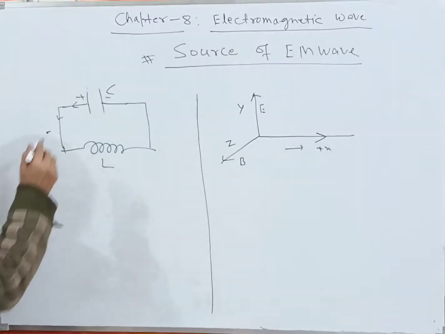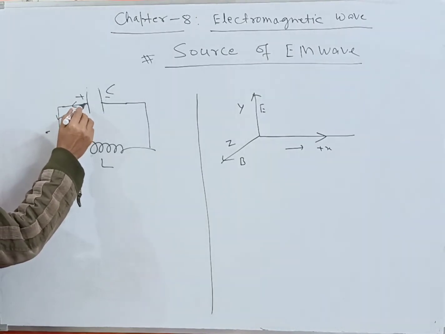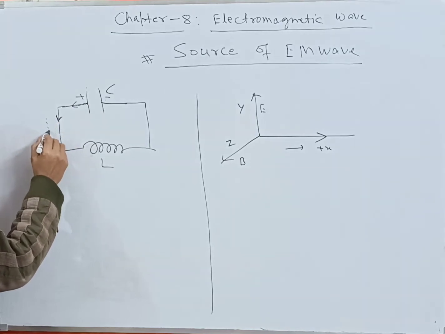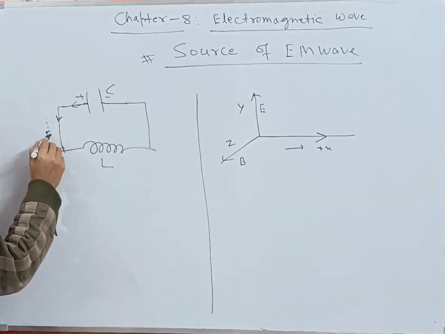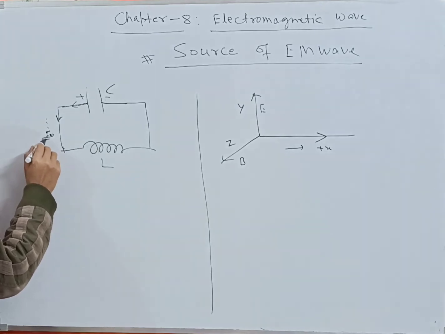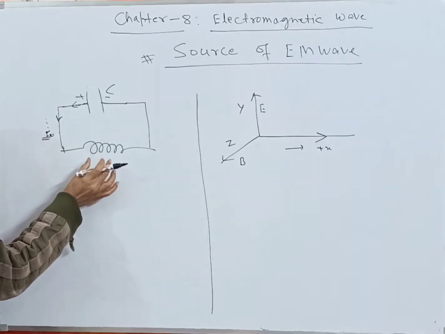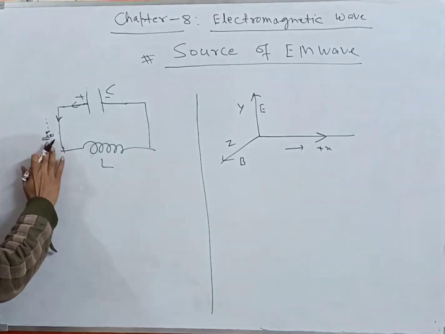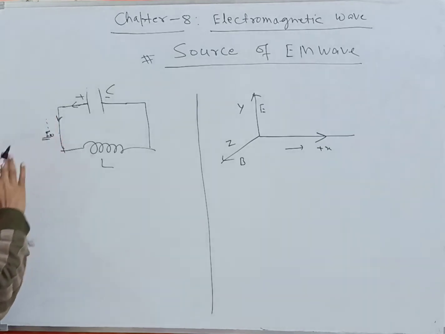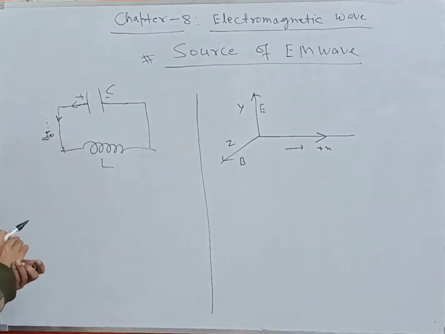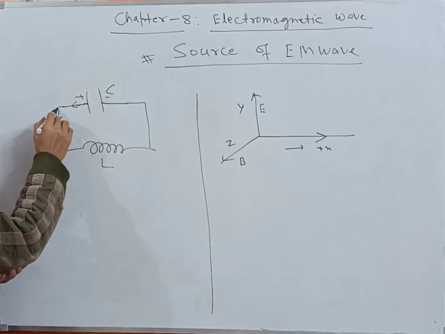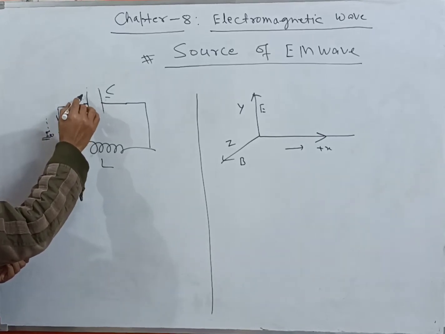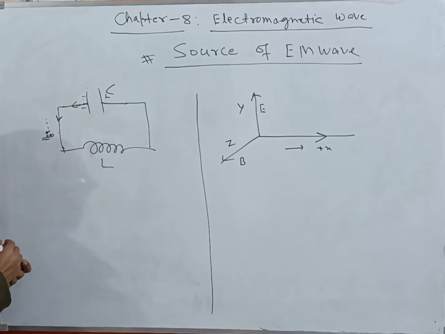When the charge moves from this terminal, current grows, and after some time current becomes maximum. And after maximum current, the inductor, due to its property, stops its growth slowly, and again it decreases, and again after some time the polarity changes, it becomes minus, it becomes plus.